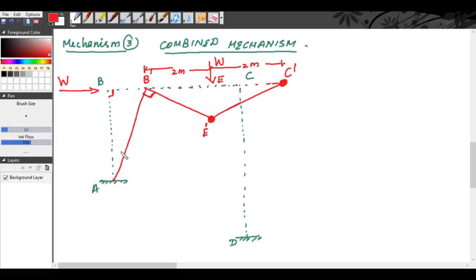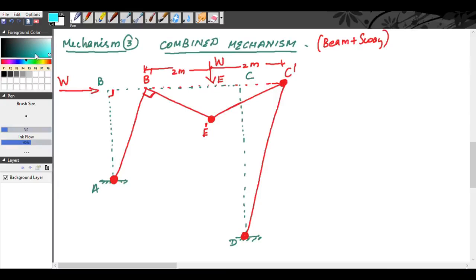This is 90 degree, so we'll complete this. There will be a hinge formation at D also. So this mechanism is called combined mechanism, that is a combination of beam and sway mechanism. So our hinge formations are at A, E, C and D.